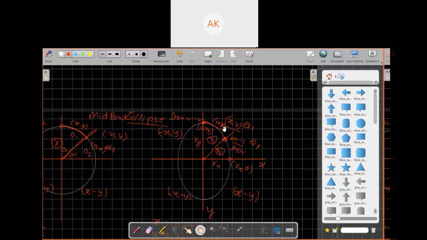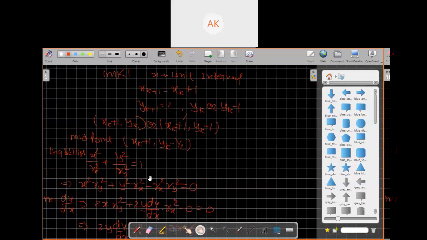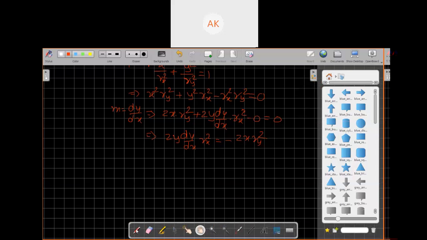In region 1 your slope is m less than 1, and in region 2 your slope is greater than 1, and at this point your slope is -1, means the slope of your tangent is -1, means dy by dx value is -1. Put this value in this equation: 2y dy by dx equals to -1, rx square equals to 2x ry square.